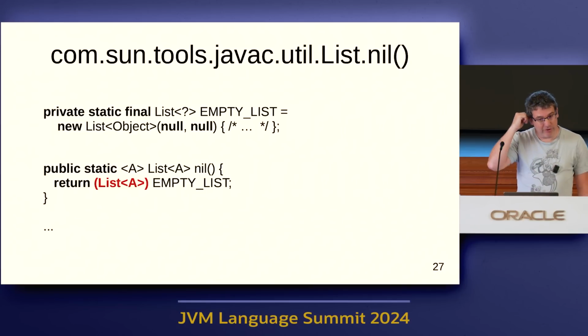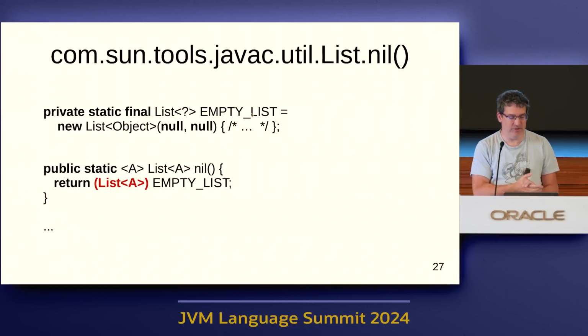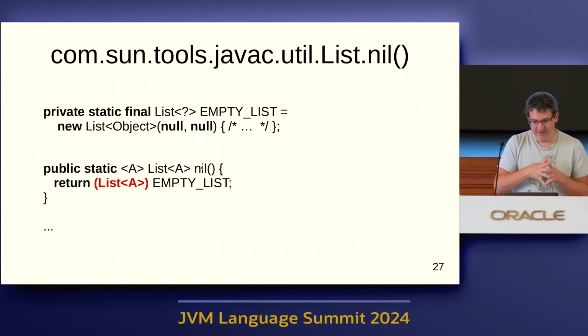If you take a look at the code, we have a field named empty list, which creates a list of objects. And then we have a static method nil that sees this empty list as a list of A.